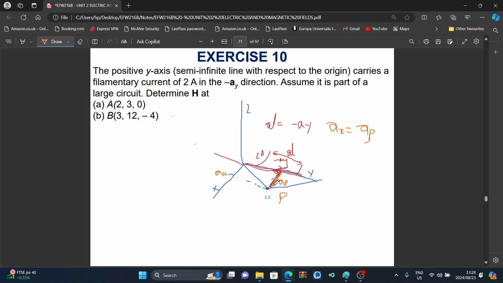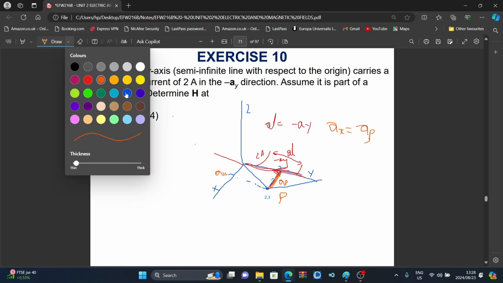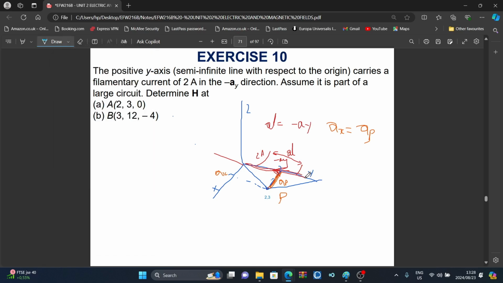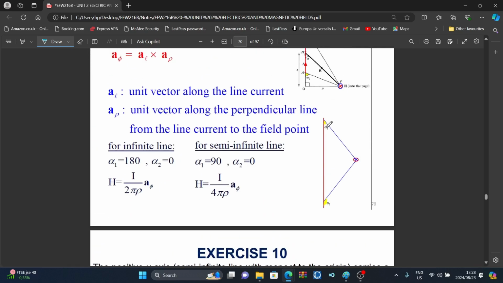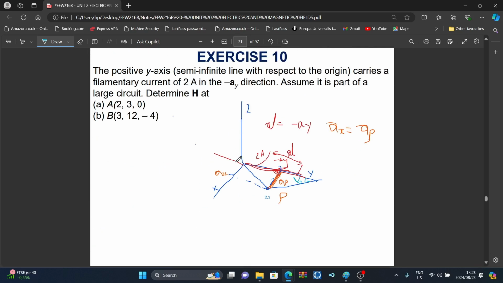Your angle alpha will always be with respect to the line on which the current flows. So in this case, we'll have our alpha 2 here. Mind my drawing. Then your alpha 1 will be this angle here.